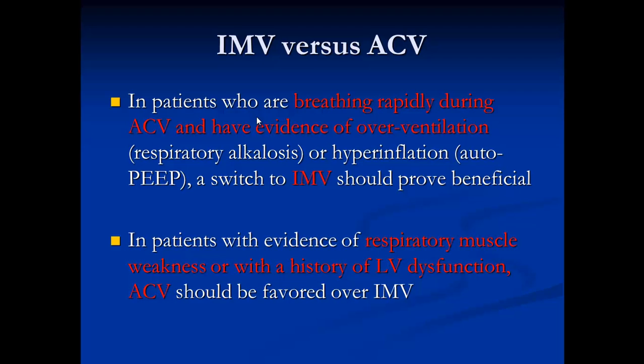In patients with evidence of respiratory muscle weakness, as I said, you have a patient with Guillain-Barré, a patient with myasthenia gravis, or a patient that has been ventilated and sedated for a long time, where you are expecting muscle weakness due to sedation or the acuity of the etiology, you could start with SIMV and then go to CPAP.